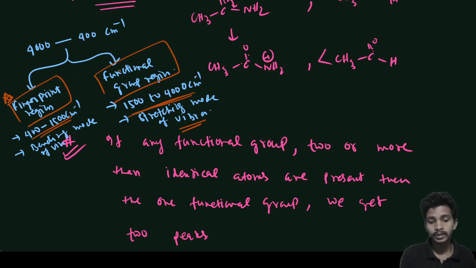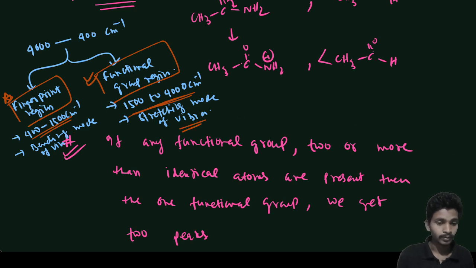So you will use the functional group region, because if any groups have the same functional group, then the IR data will give the same value. You will use this functional group data to identify what functional groups are present. So we will talk about the functional group region, and we will not talk about the fingerprint region, because it does not give information about any functional group.